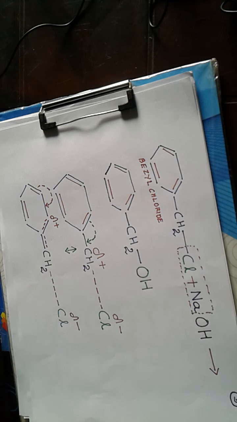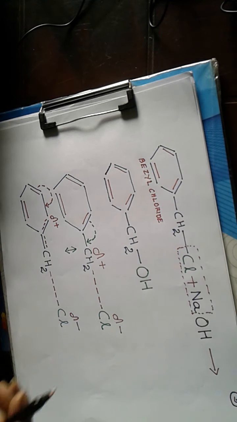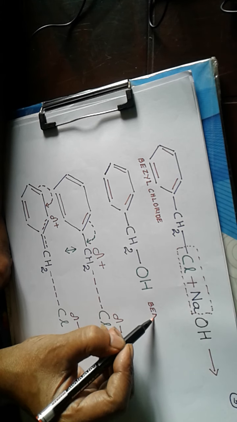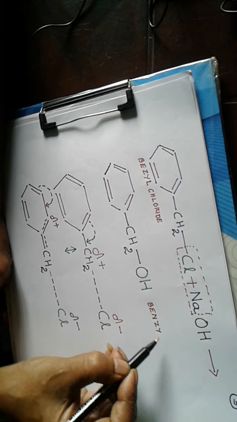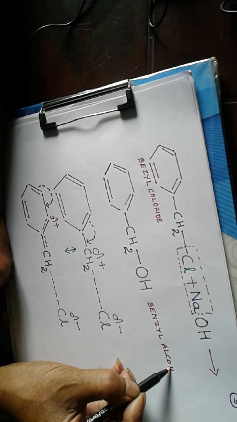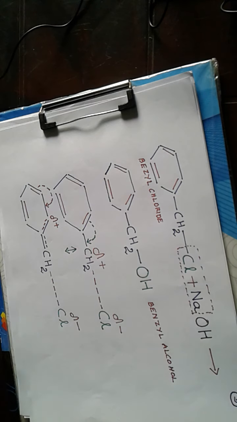Benzyl chloride reacts with sodium hydroxide solution to form what is called benzyl alcohol. Now during this reaction, first of all, the bond between CH2 and Cl increases in length, or the bond is stretched during the reaction.